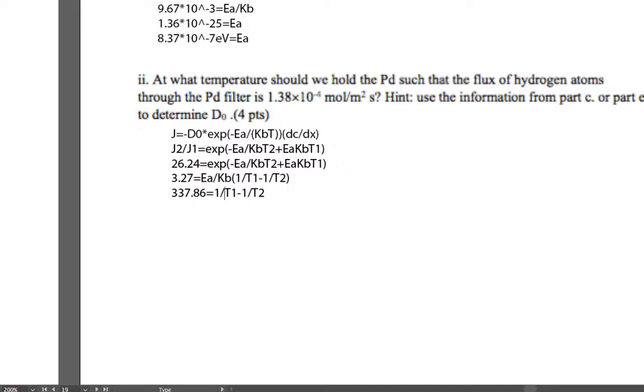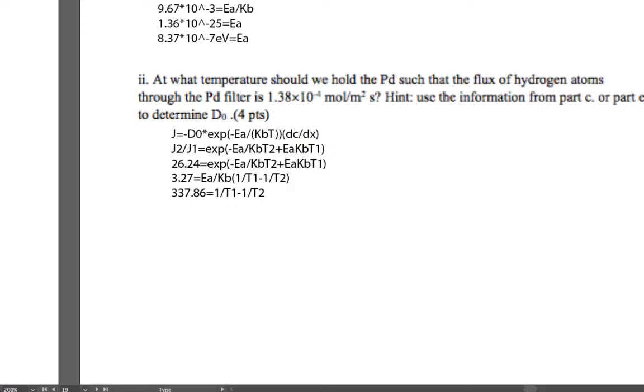I don't really like to find out what the D naught is. The J2 is 1.38 times 10 to the power of negative 4. Well, the numbers make sense, I guess. The negatives actually cross each other out. That is something very good. dC over dx is a constant.